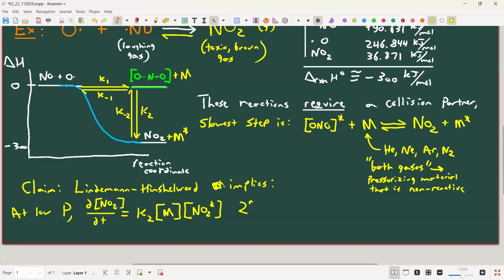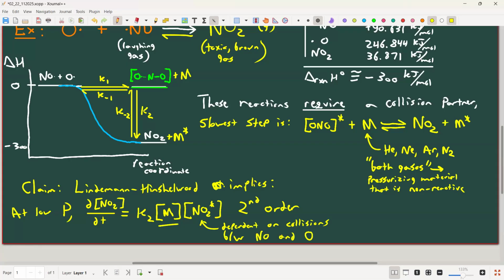And this is second order, because it has dependence on M and on this as well. This is dependent on collisions between NO and O. So the higher the pressure, the more that gets created. And of course, the concentration of your collision partner is related to the pressure. This is proportional to the pressure as well. So at low pressure, once again, it's second order: you need another body in the mix to stabilize. So this reaction is slow at low pressure.